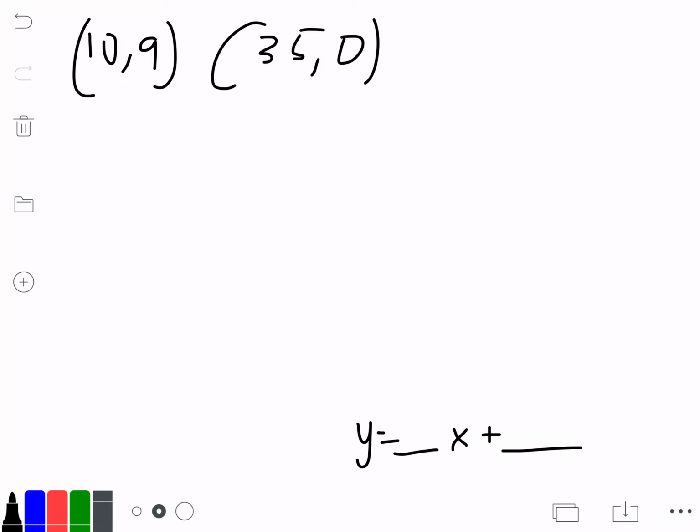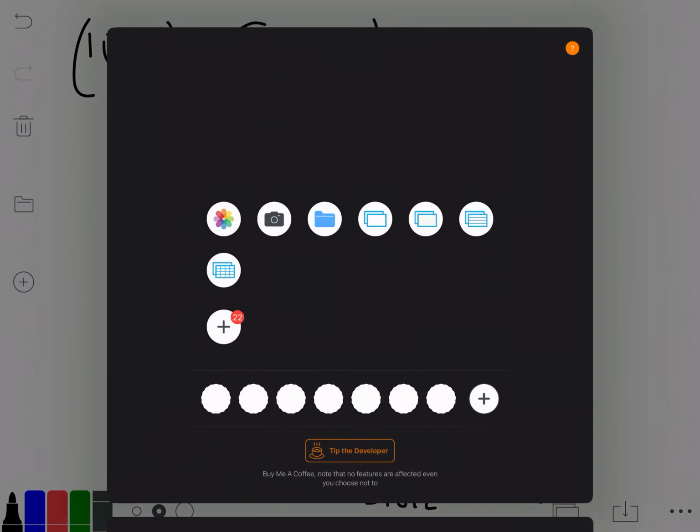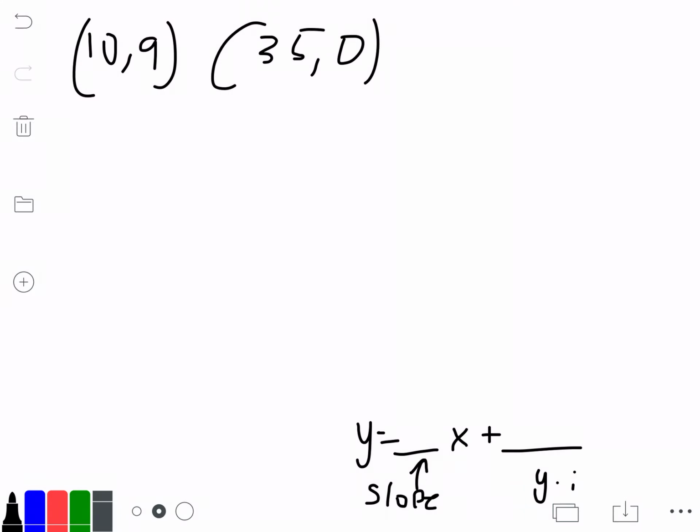So our slope goes here, and our y-intercept goes here. To find our slope, this will be our x1, y1. This will be x2, y2. Remember, it's change in y divided by change in x.